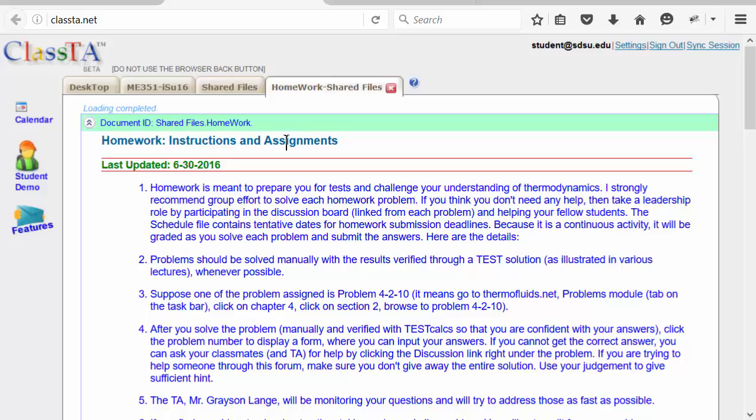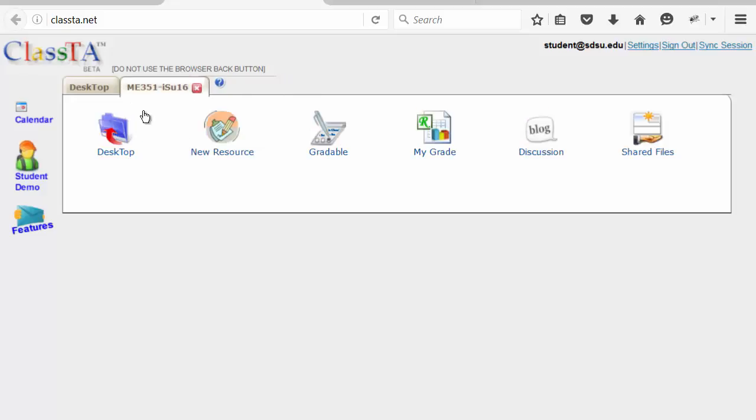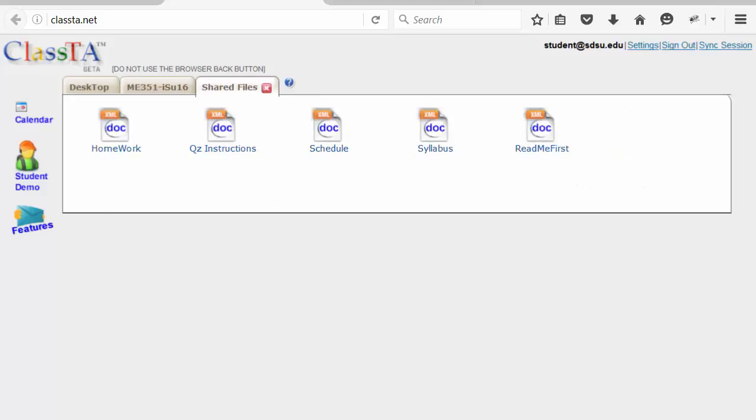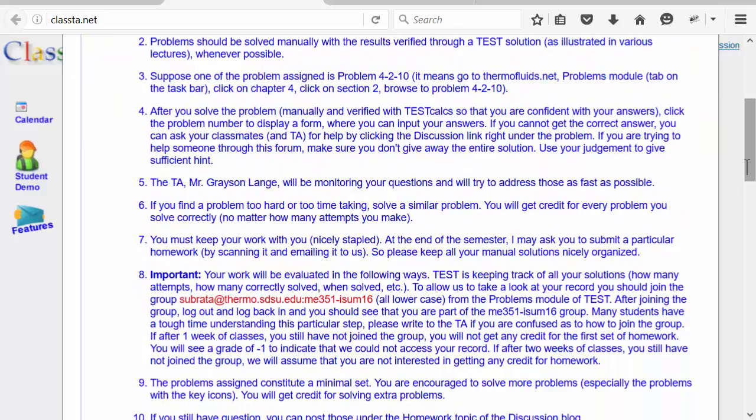So if you go to the class ME351 ISU16, go to the shared files and homework. That's where all the assignments are, and the instructions are at the top, and this is the group name.